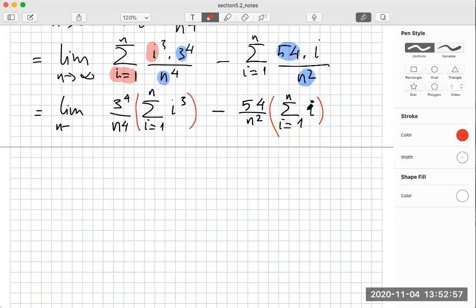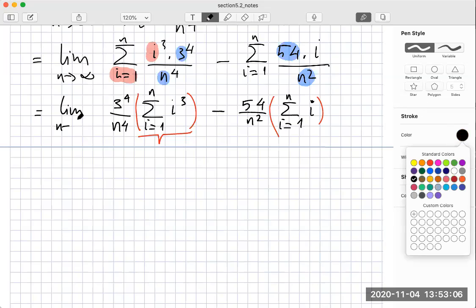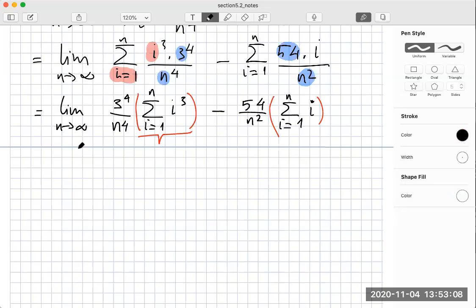Then, again, this guy, which formula should we use? Perfect, number 7, right? So the sigma from I is equal to 1 up to n of I cube.